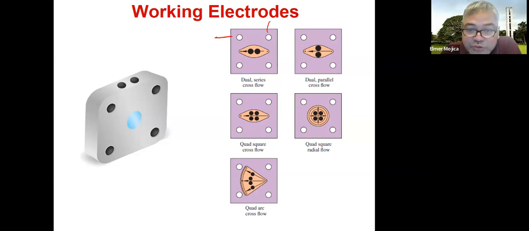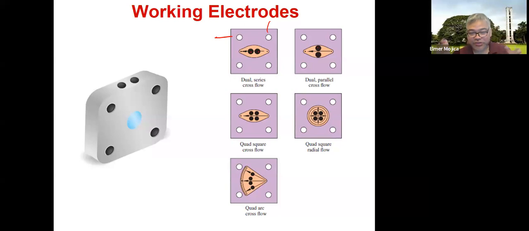So you can have a dual series cross flow, a dual parallel cross flow. I don't know if you can see the difference here. In dual series, the sample goes through here, and then here. With dual parallel cross flow, the sample will pass in between the electrodes that you have there.